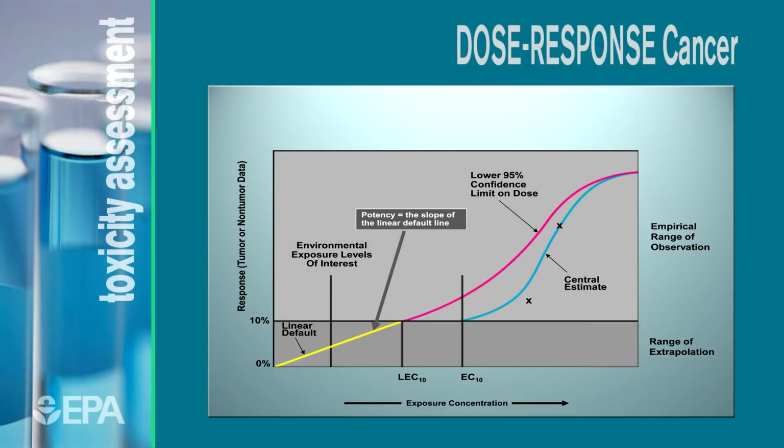For these reasons, we evaluate non-threshold carcinogens using a probabilistic approach. Here's an example of how we evaluate the dose response of non-threshold carcinogenic agents. Similar to the dose response curve for non-cancer, we have here 3 different concentrations of chemical X. Chemical X causes liver toxicity, which is a non-cancer effect, and brain cancer in mice.